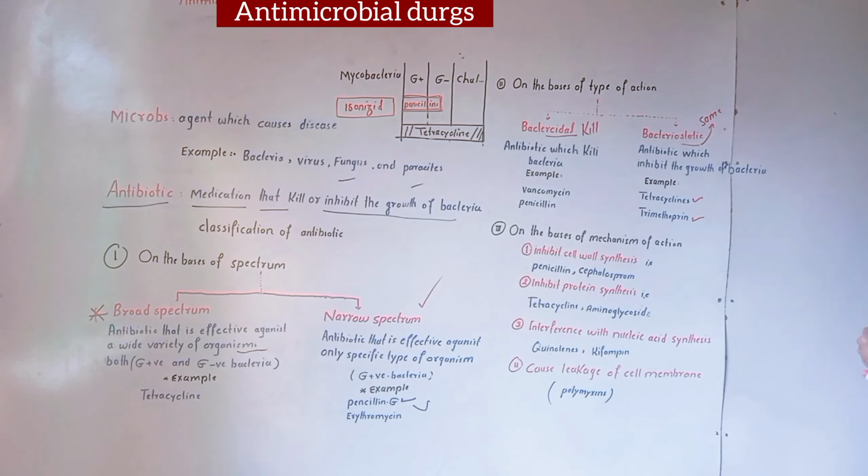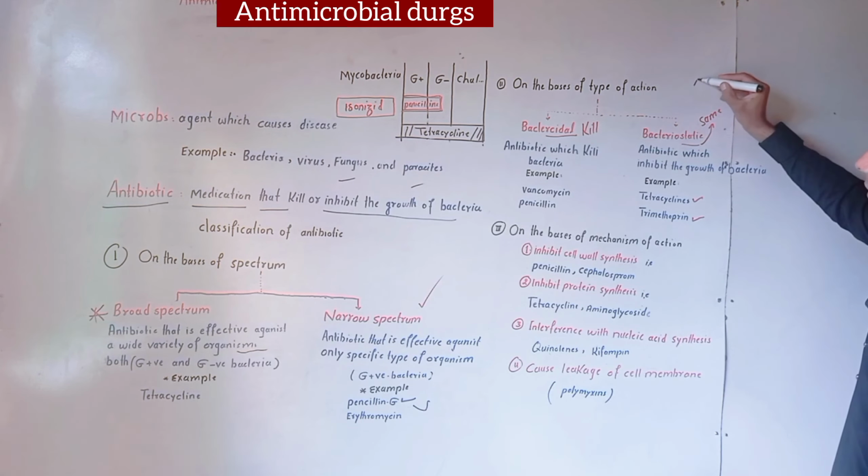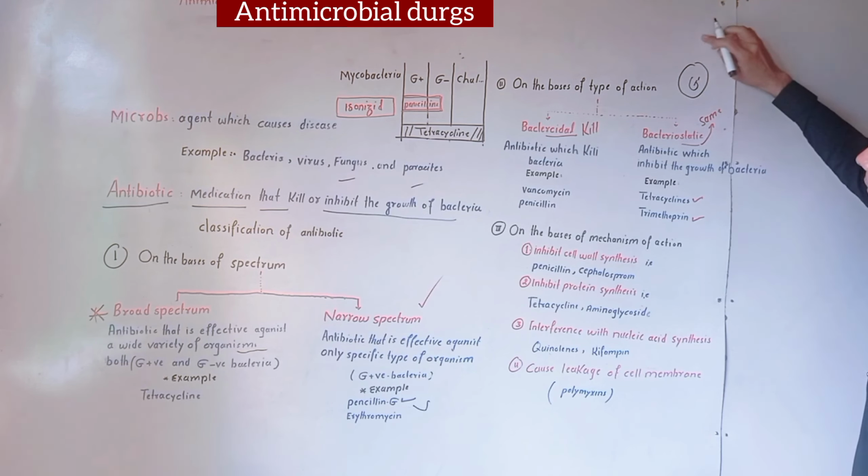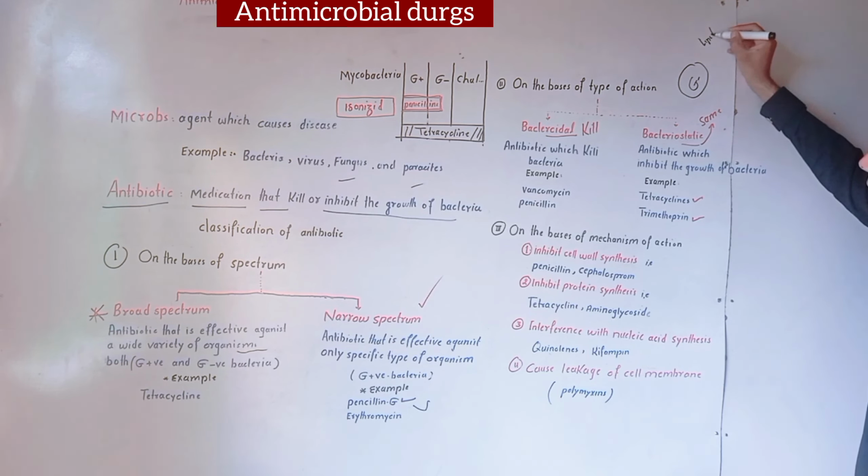For example, if you have a large number of gram-negative bacteria and you choose a bactericidal drug, you know that the cell wall of gram-negative bacteria is made up of peptidoglycan and a lipid bilayer containing lipopolysaccharide.